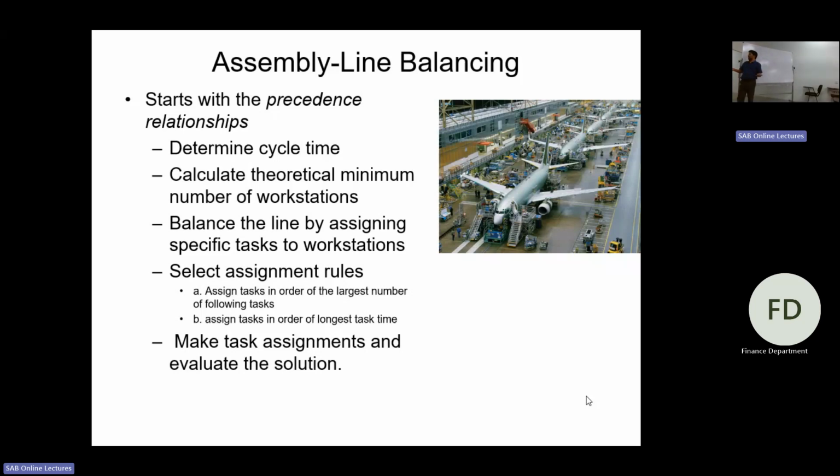Assign the task in order of the largest number of following tasks. We compare B and E and consider their following tasks. B has how many following tasks? 1, 2, 3, 4, 5. After B, there are 5 following tasks. For E, 1, 2, only 2. B has 5, E has 2, so we prioritize B according to the primary rule and assign B to workstation 2.